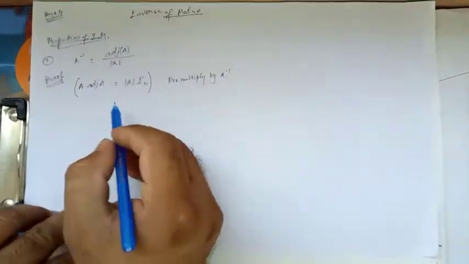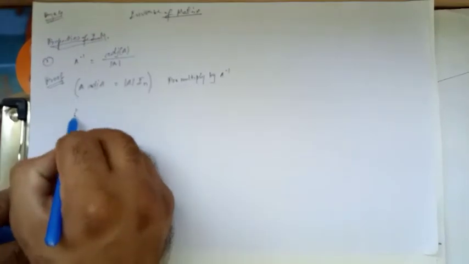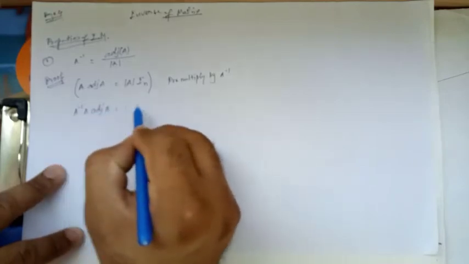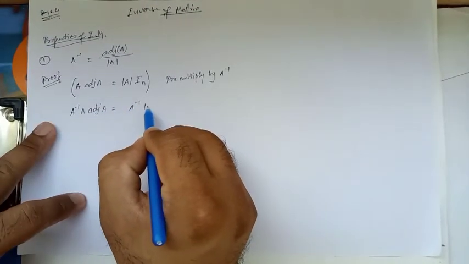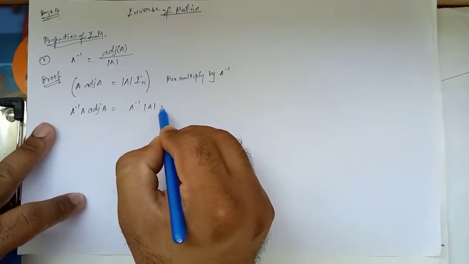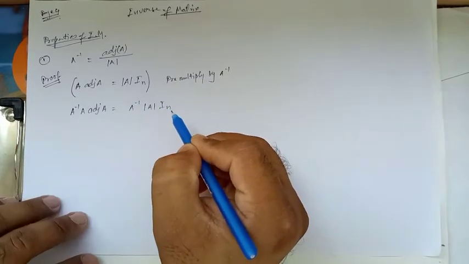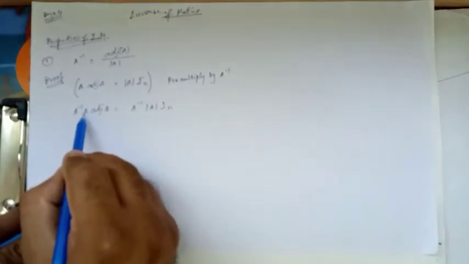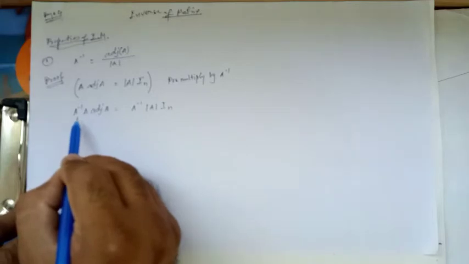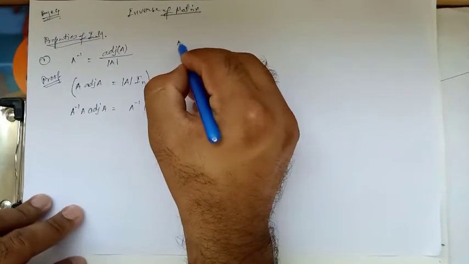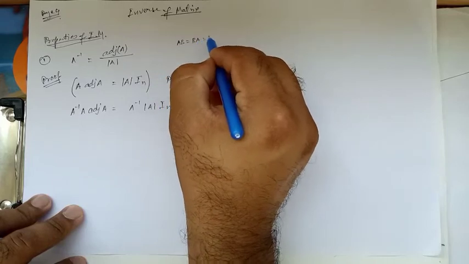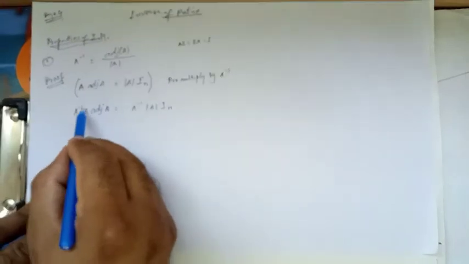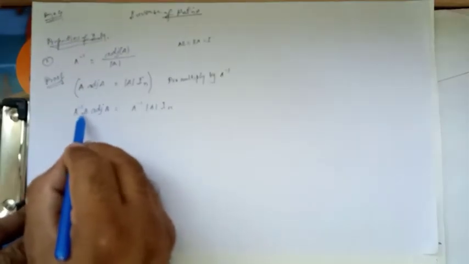If we pre-multiply, then definitely it will become A inverse A adjoint A equal to A inverse, this is determinant of A, and this is In. So A inverse into A will definitely give you I. We have seen just before the result AB equals BA equals I, where A and B are inverses of each other, and here also A inverse and A are inverses of each other.